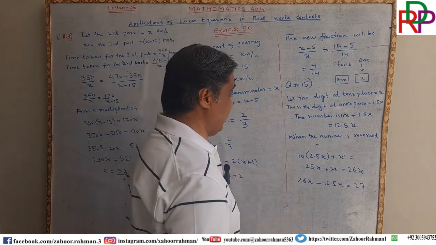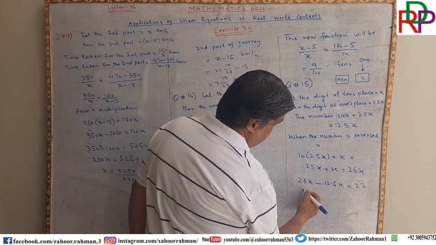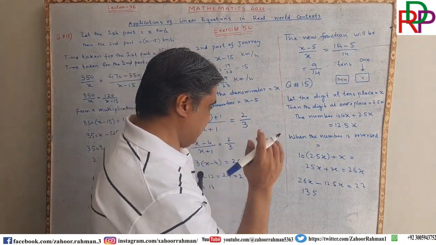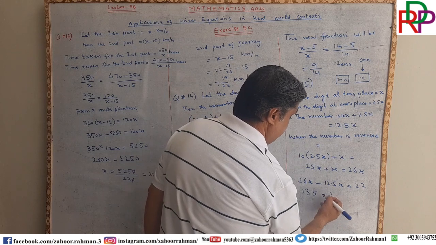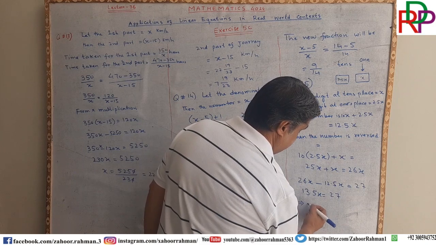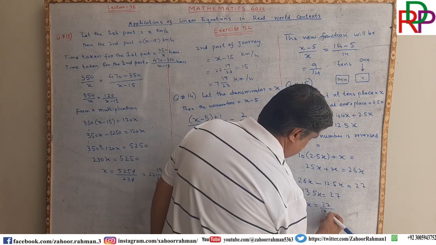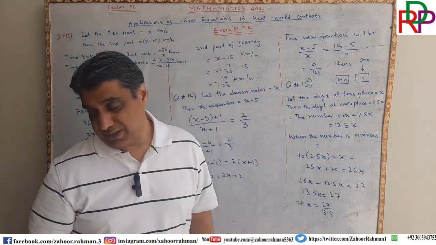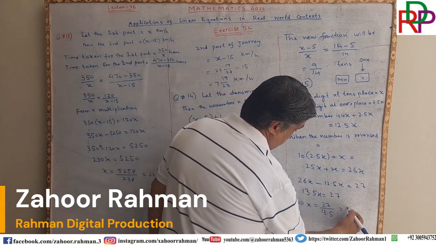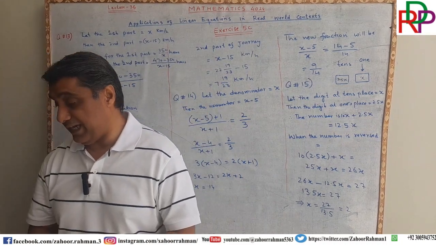So when we subtract 12.5x from 26x, it will be 13.5x is equal to 27. This implies that x is equal to 27 divided by 13.5, and I calculated it, that will be equal to 2. So we have found the value of x.